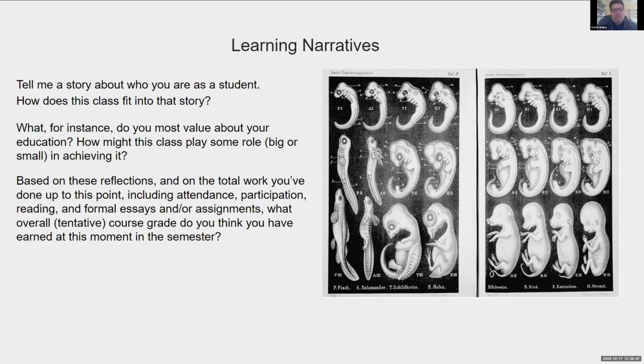At the middle and the end point of the semester, they write these short narratives where they reflect on their holistic learning process, and they propose a course grade for themselves. In the midterm, around now, October for the fall, a holistic course grade that's tentative, and then at the end of the semester a final one that's final.